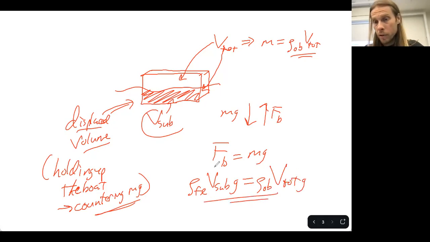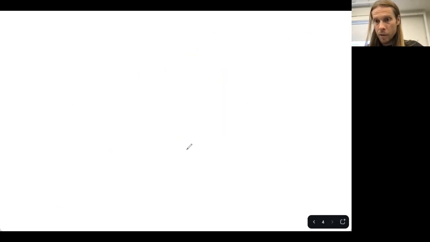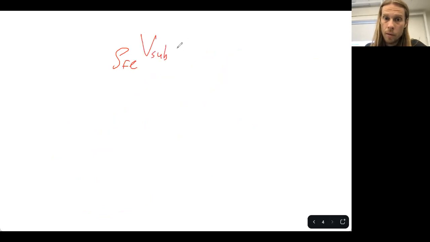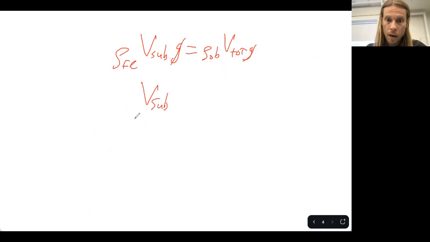So notice this is different than sinking or rising, because we have a different submerged volume than total volume. So I'm going to rewrite it here. Here only g cancels, and I get that the submerged volume, I'm going to divide by V total, bring that down.